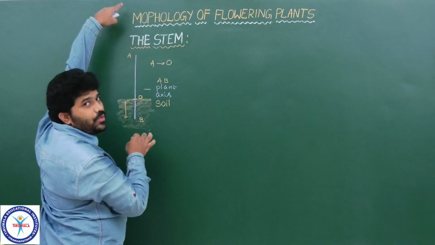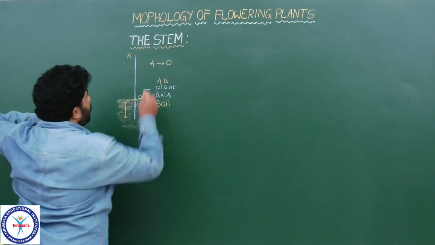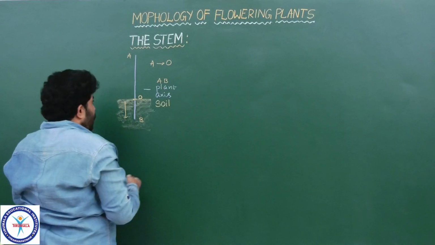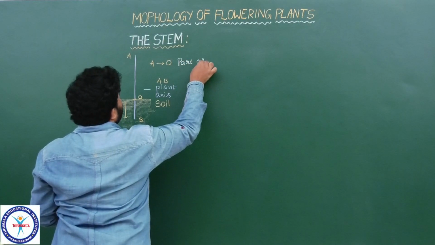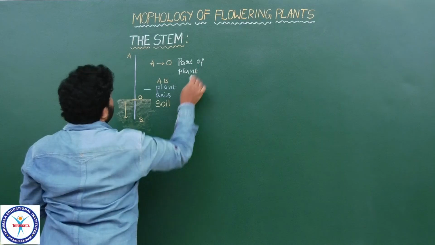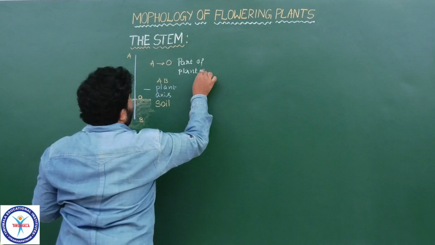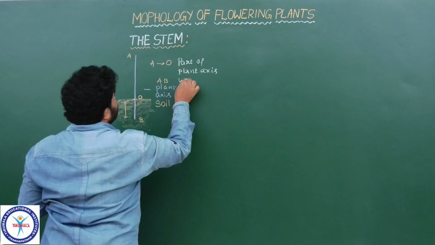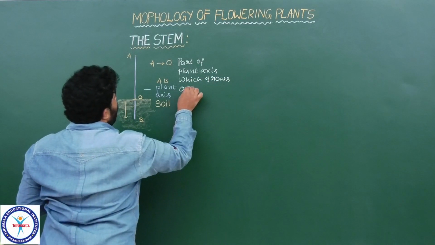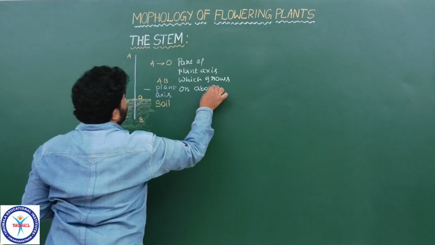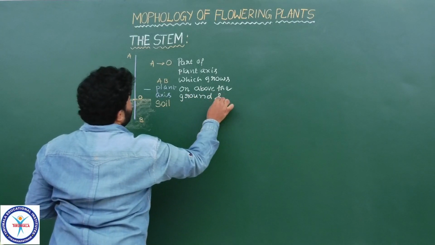So A to O is the part of the plant axis which grows above the ground and towards the light.